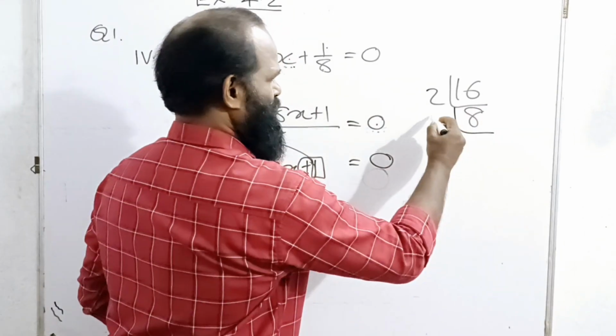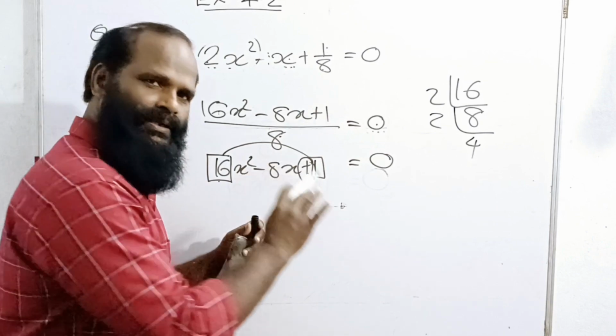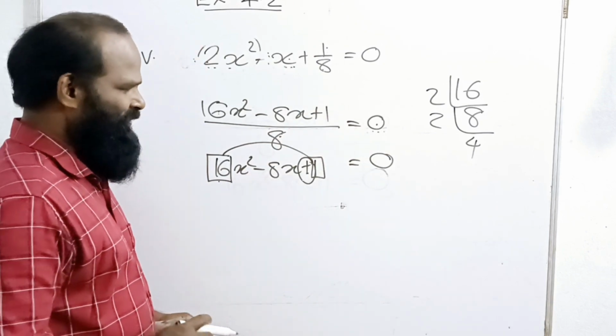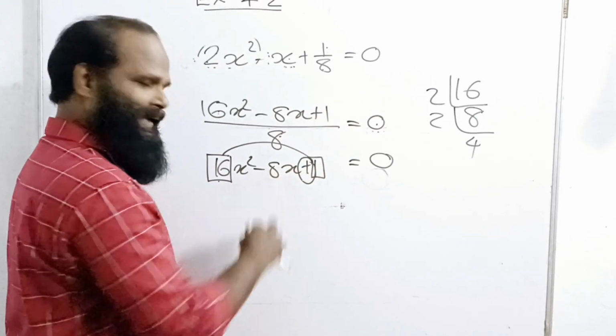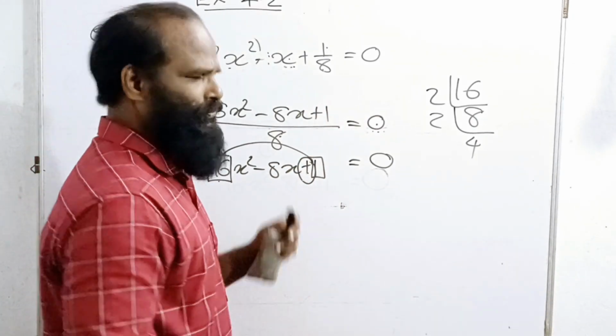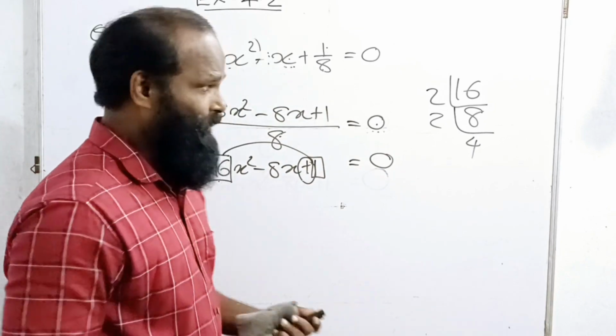Factorize again. 2 4s are 8. Check again. When two numbers are added we get 8. I think I should not go further because I've already got the numbers I've been searching for.